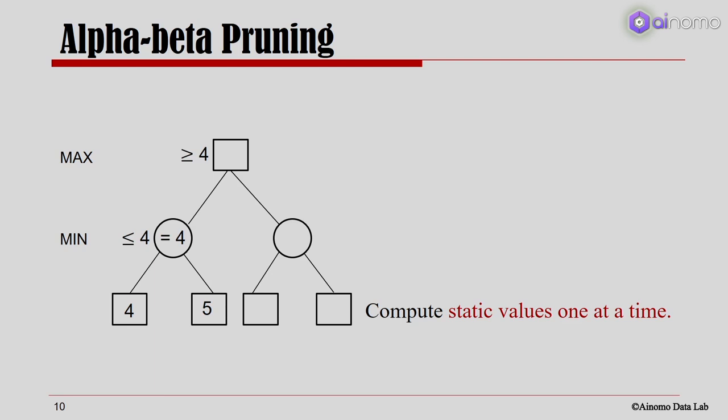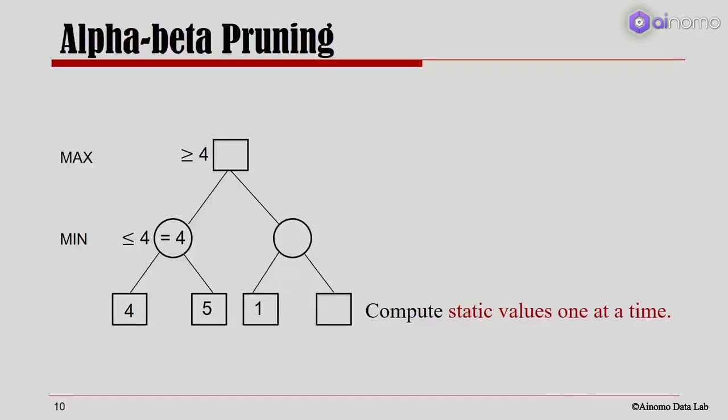Now one level up, when we want to back up, a realization comes that if Max had taken this path, then he would have been at least guaranteed 4. That means at this point of time, Max can have values which should be greater than or equal to 4. We compute the third static value, which is 1. At that point of time, we can see that the Min value now would be something which is less than or equal to 1.